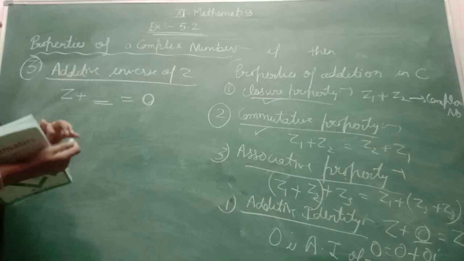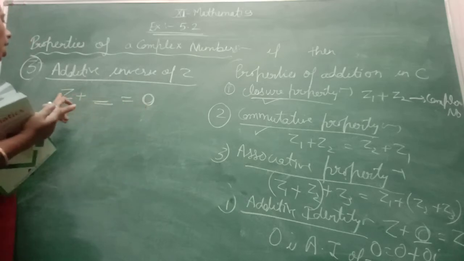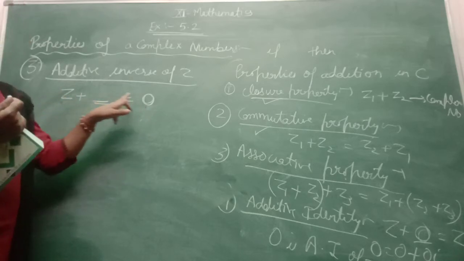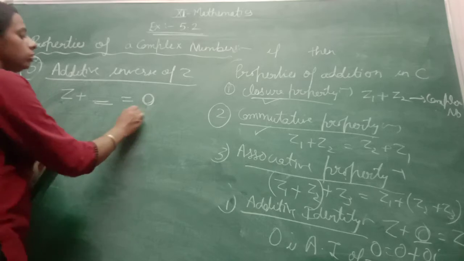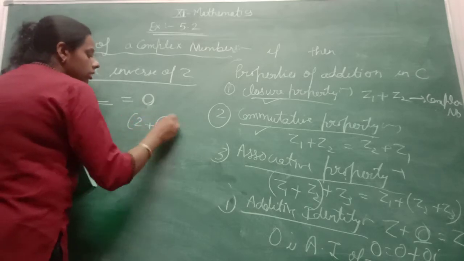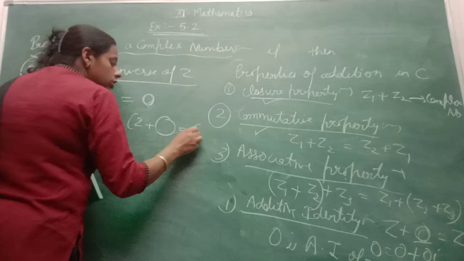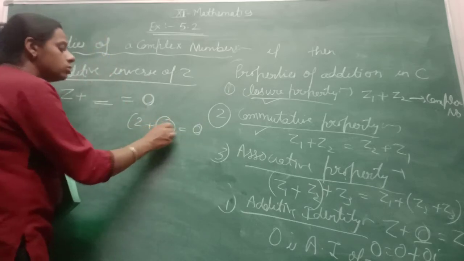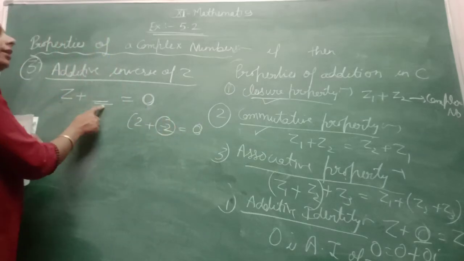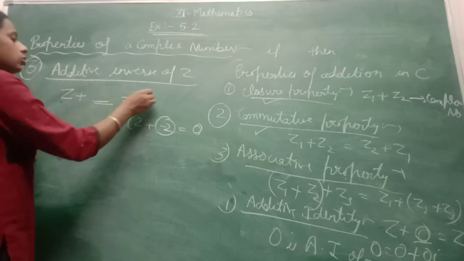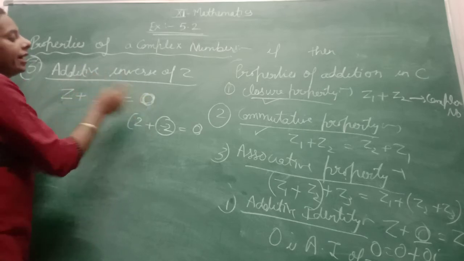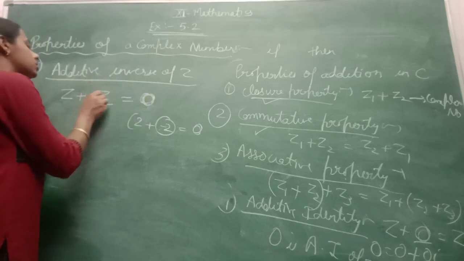What is our additive identity? That is 0. What should you add to Z so that you get 0? Same as, what should you add to 2 so that you get 0? That is -2. In the same way, what should you add to Z so that you get 0? That is -Z.